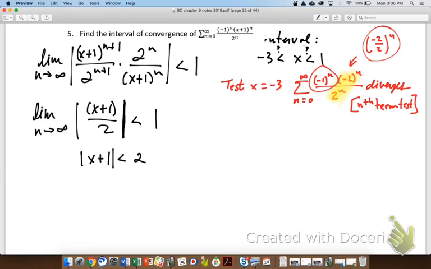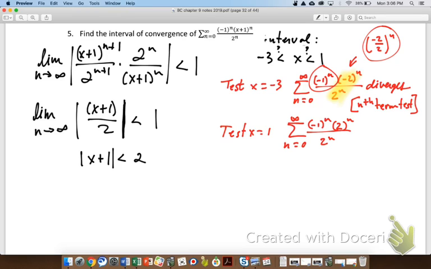Well, let's test out the other one, the 1. So this would be sigma from n equals 0 to infinity of -1 to the n times 2 to the n, over 2 to the n. What happens here?